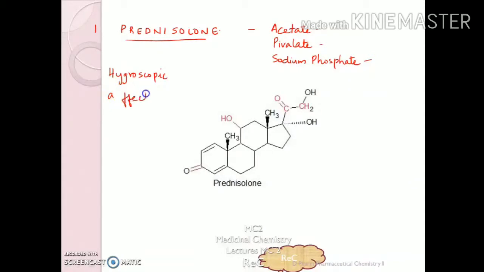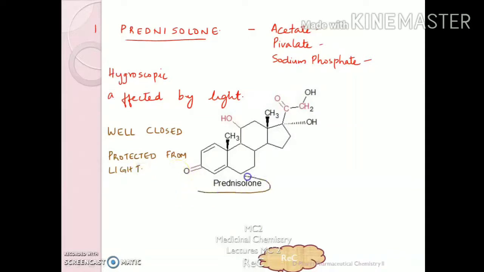Since it is hygroscopic and is also affected by light, it should be stored in well-closed containers protected from light. Coming to the uses of prednisolone, it is 3 to 5 times more potent than hydrocortisone, and therefore it can be used in lower doses. It is potent and is used to treat inflammatory, allergic, and autoimmune diseases, etc.